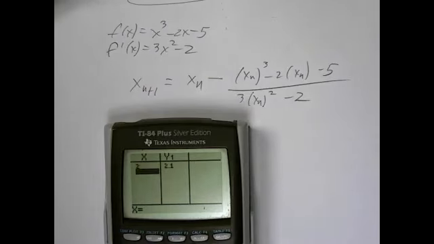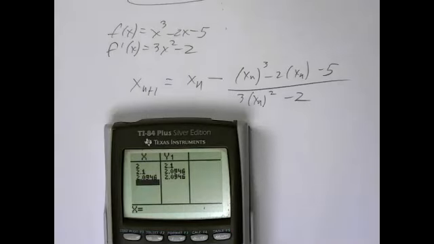So my first x value is 2. That's my x sub 1. My x sub 2 is 2.1. To get the next guess, I put in the last guess. And as you can see here, they've already started to match each other.